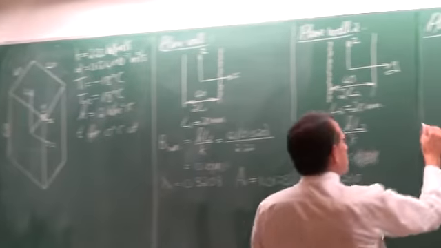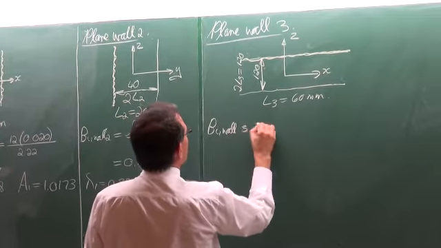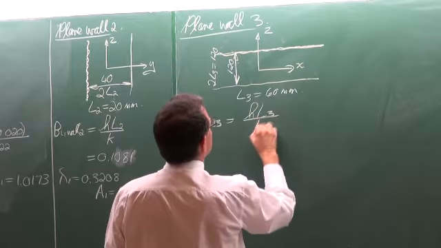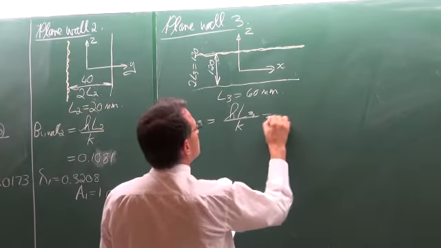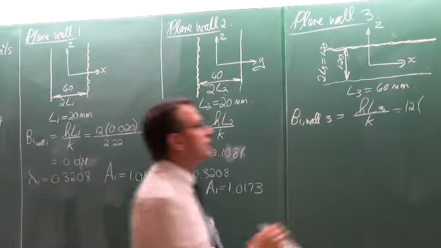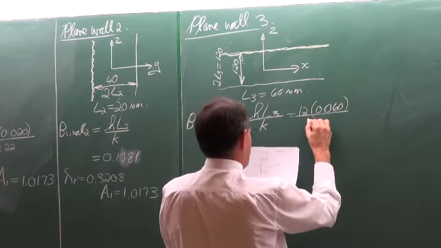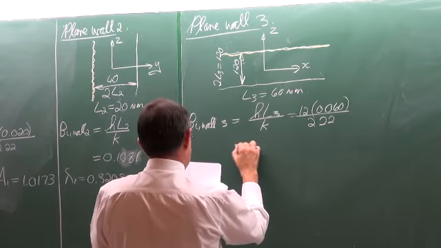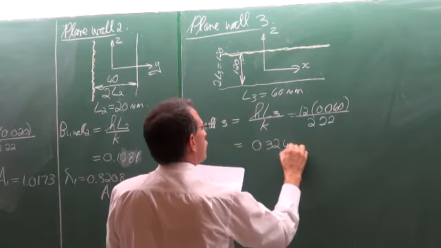Okay, let's see if I can get this one right. The Biot number for the third wall is equal to the heat transfer coefficient multiplied by L3 divided by k. The heat transfer coefficient again is equal to 12, L is equal to 60 millimeters, divided by the thermal conductivity, which is 2.22, and that gives us a Biot number of 0.3243.